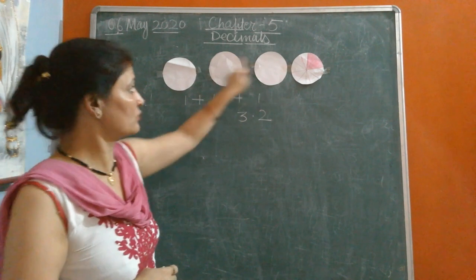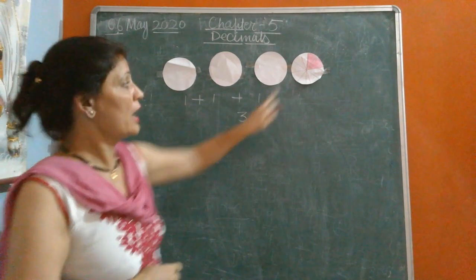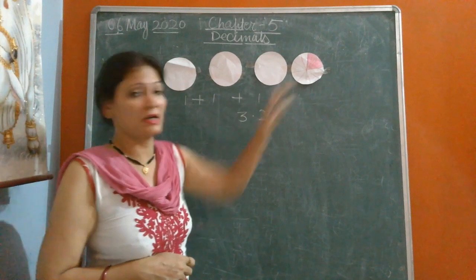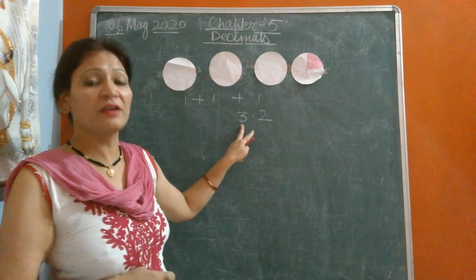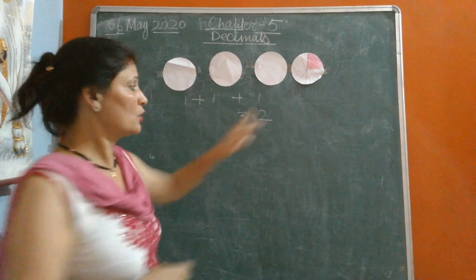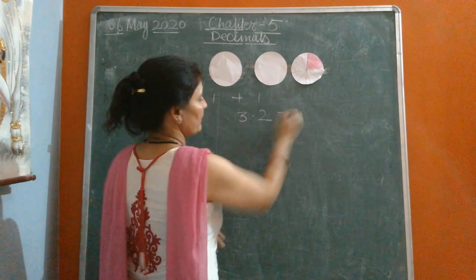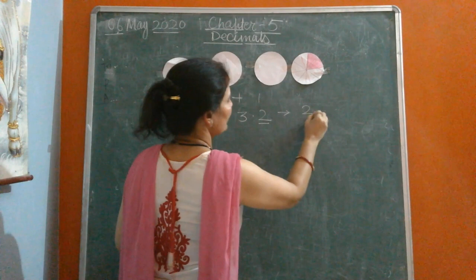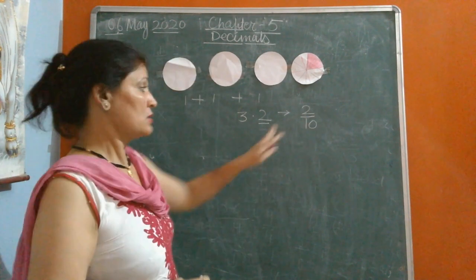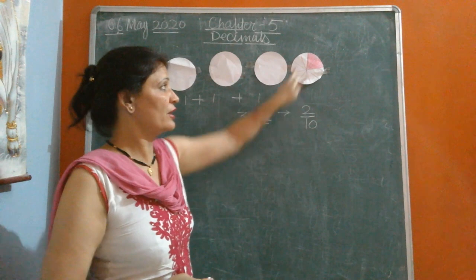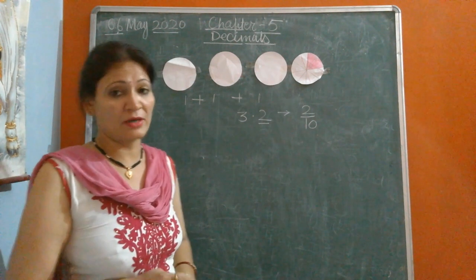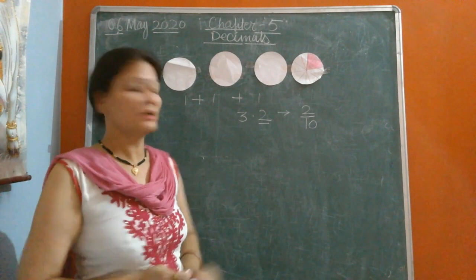So we can write 3 parts are whole and 2 parts are filled of 10 parts. Now we will write it in decimal, 3.2. If we separate it, the 2 we can write as 2 by 10. These two parts are filled of these 10 parts, so we can write 2 by 10.